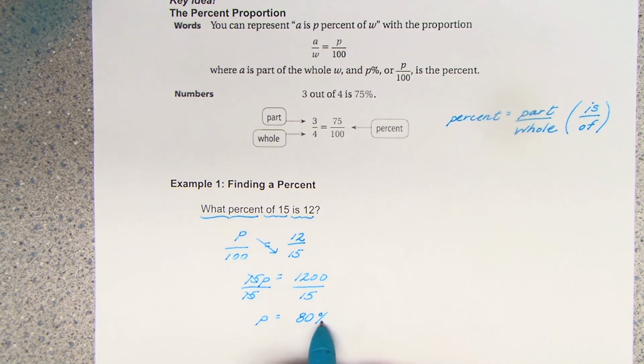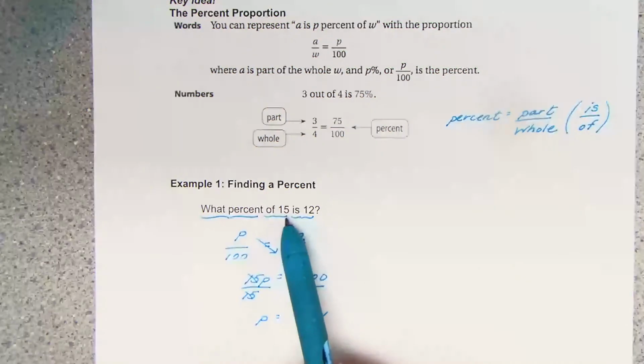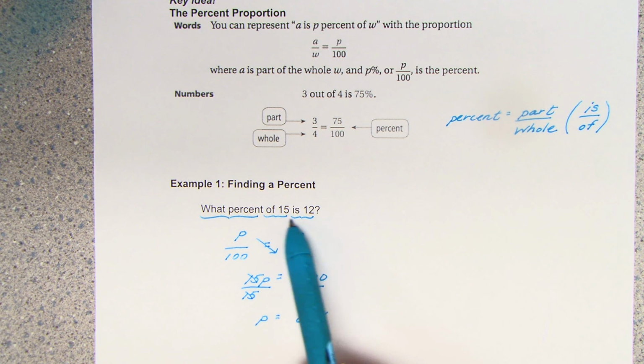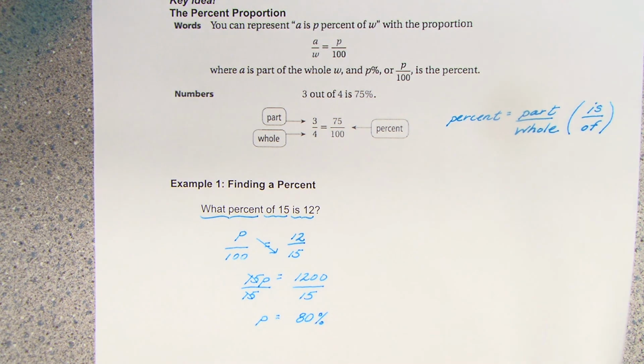So it's 80%. And let's see if that makes sense. Does it make sense that 12 is 80% of 15? Sure. It's more than half, and it's less than 100. So that's a reasonable answer, right? There are 2 Try It problems with that.